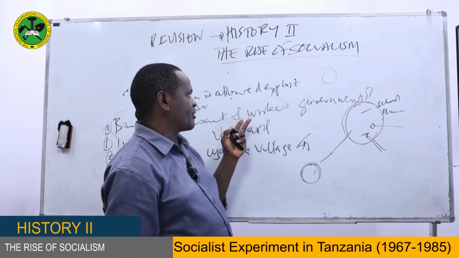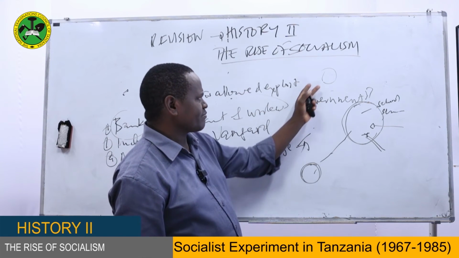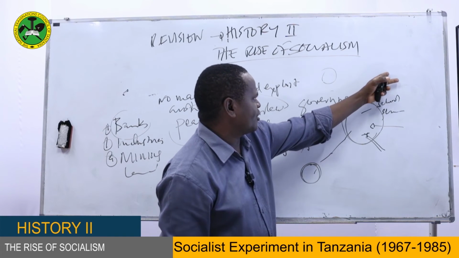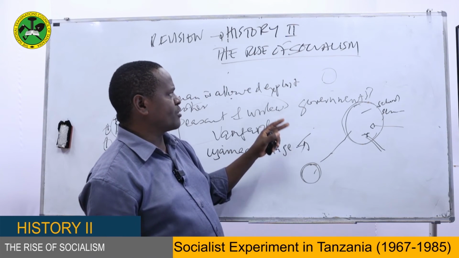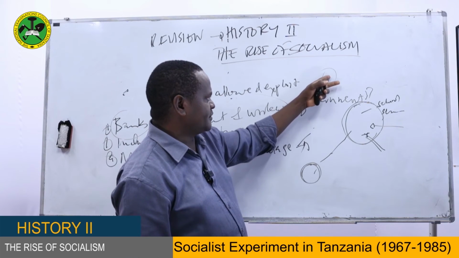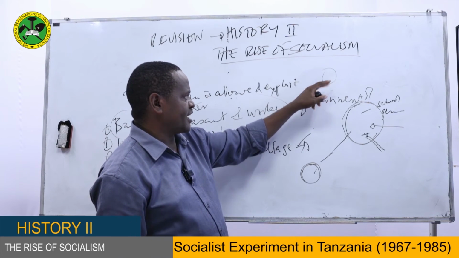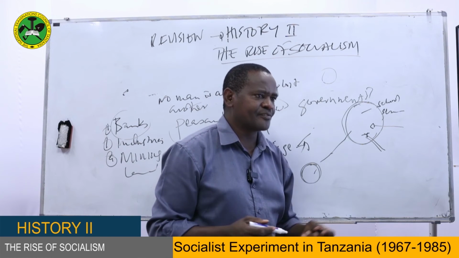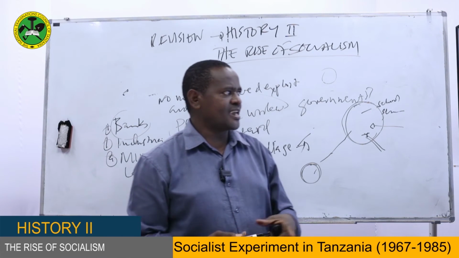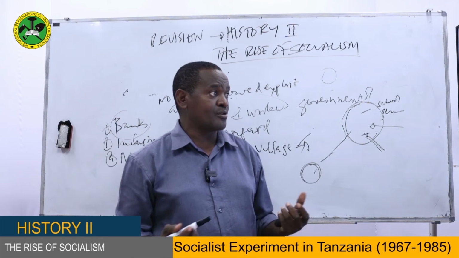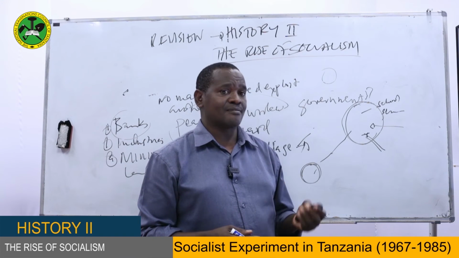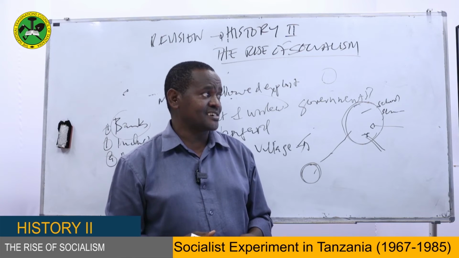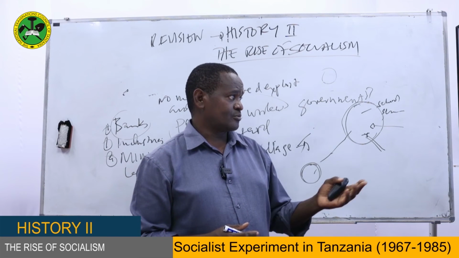If one wants to have water, it means the government has to supply water all the way from where water is found, from the source of the water to their homes. So that is becoming so difficult. So what I'm trying to say here, my dear students, is the aim of establishing these villages was good. However, the outcome was not good because of poor implementation, as we are going to see.